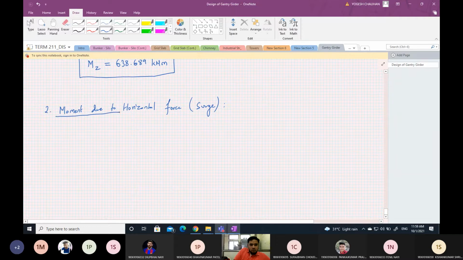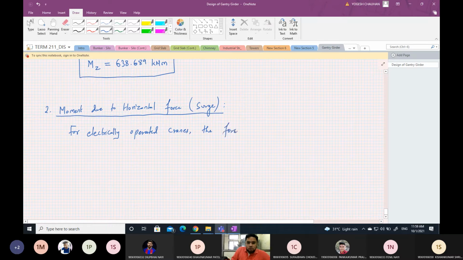So again, for electrically operated cranes, the horizontal force transverse to rails is equal to 10% of weight of trolley and weight lifted.